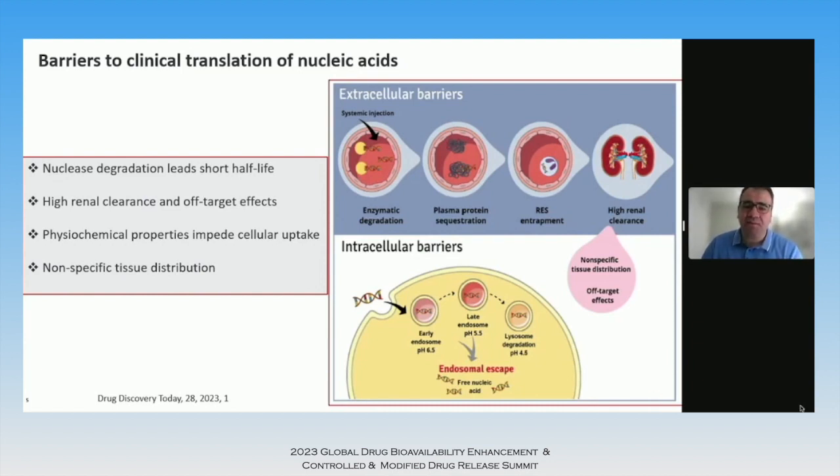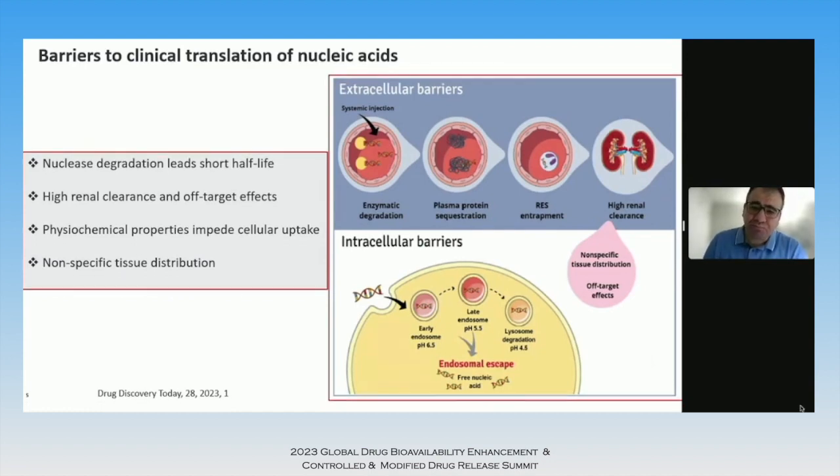And even if somehow we can send these therapies inside the cells, we have other barriers there. They remain trapped inside the endosome, and they need to escape from the endosome and release into the cytosol to function. So that's another additional barrier for these modalities to fully access their potential.